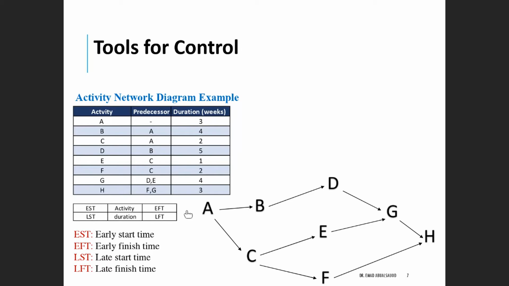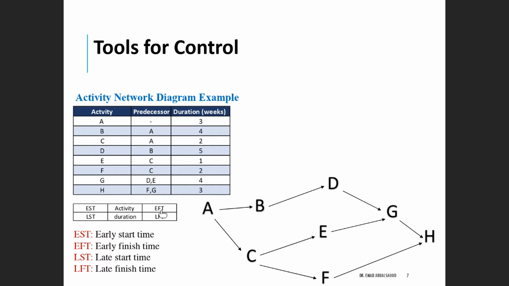For example, you will place the table here for A, so you will put the activity A. The duration is the time listed in this table. So the activity A will be placed here, and the duration is 3 for this case of A.